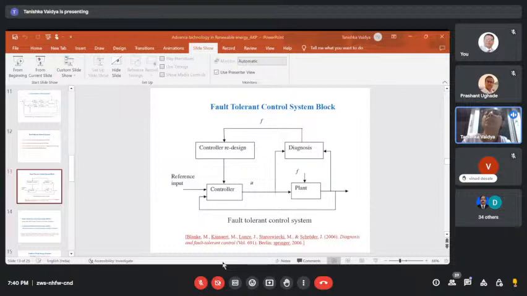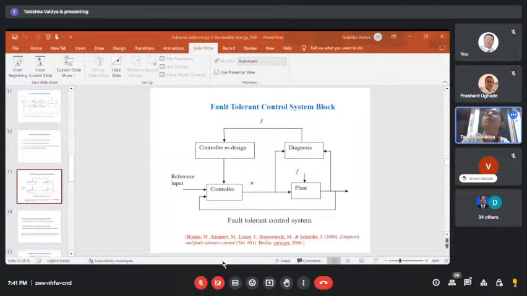Instead of using this sensor's output, the controller will use the fault tolerant controller's output, and the controller will work smoothly. So this is how the fault tolerant control system works for the normal control system, for sensor, for actuator, and even for controller.